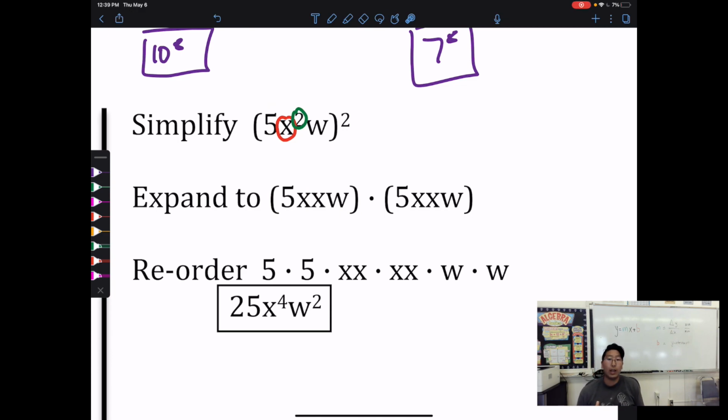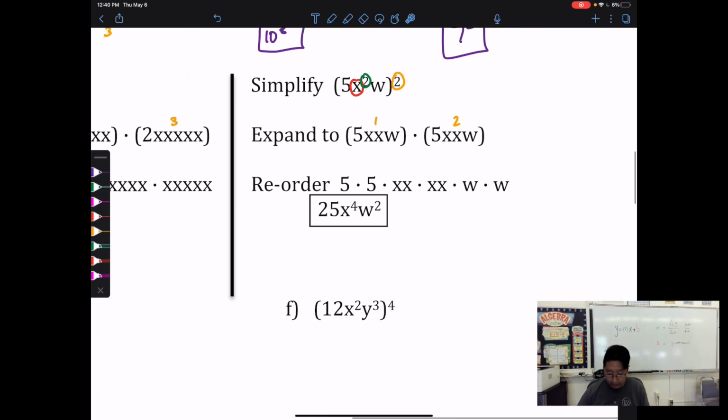And now we're going to take that and multiply it by itself 2 times. So you can see there's 1, 2 here. Then what we do next is we reorder it. Get the 5's, the x's, and the 2 w's coming at the end. And then we simplify. 5 times 5 is 25, x to the 4th, w to the 2nd power.